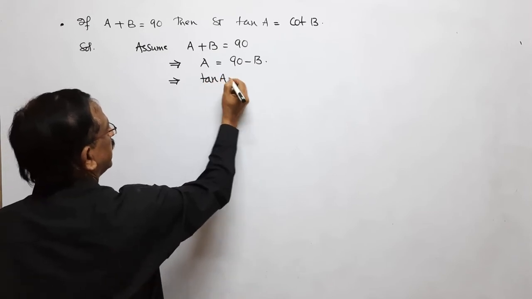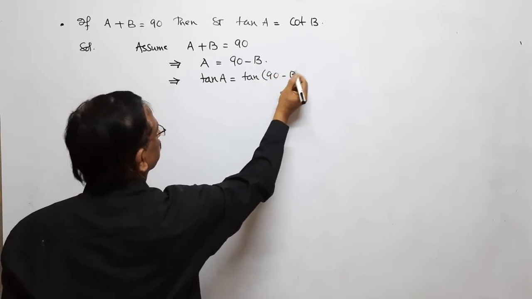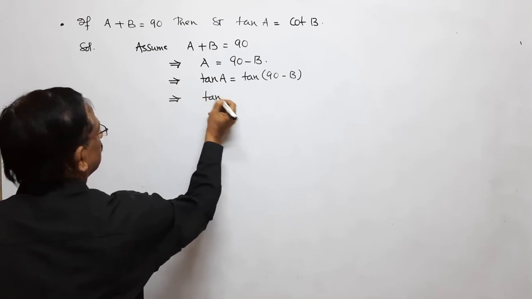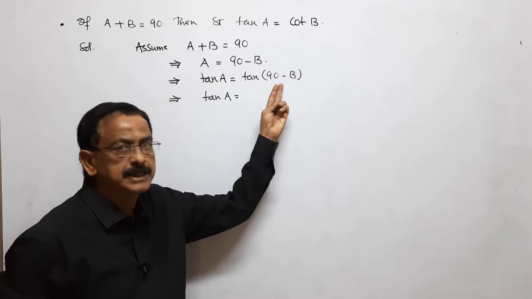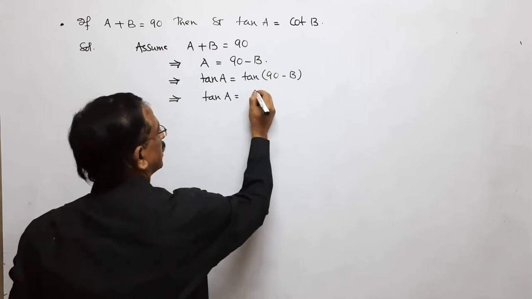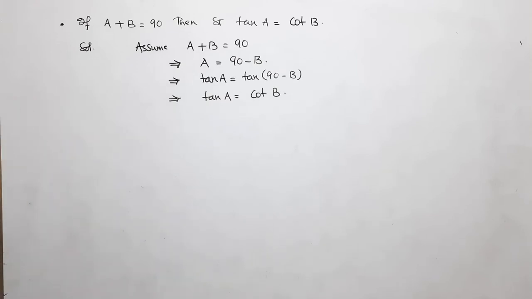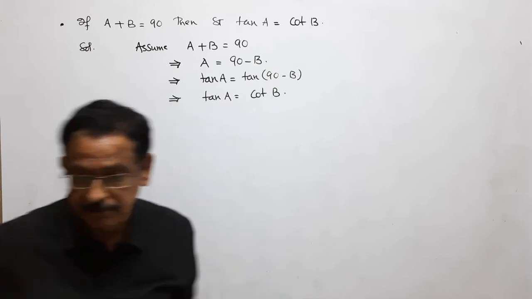That means tan of A is equal to tan of 90 minus B. This implies tan A is equal to, now tan of 90 minus B, tan becomes cot. So cot B. So whenever A plus B is 90, tan A is equal to cot B is a very simple task.